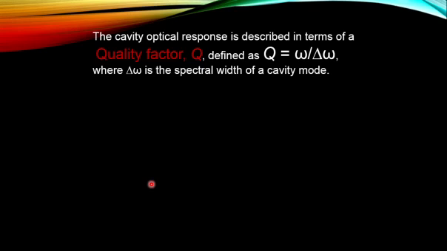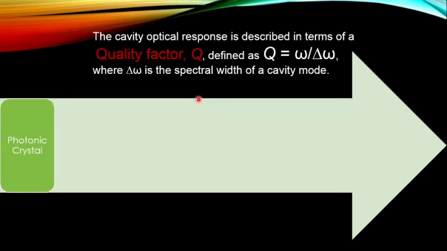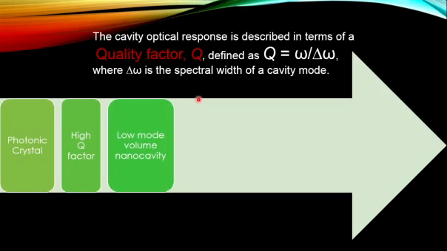And there is another factor which characterizes this cavity, called the quality factor, defined as ω/Δω, where Δω is the spectral width, that is, how much the cavity mode is spread. For a photonic crystal with a high quality factor, the denominator has to be very, very small.